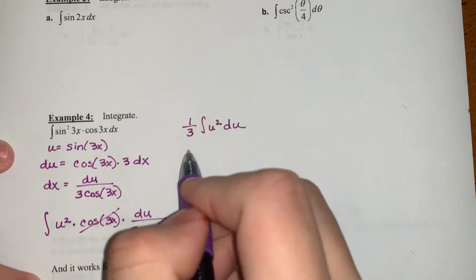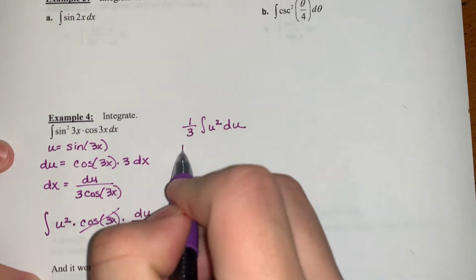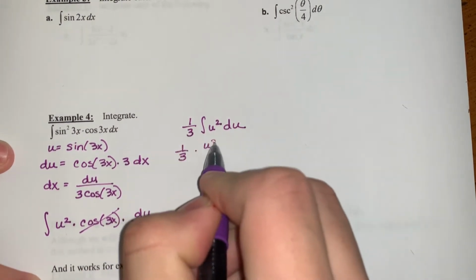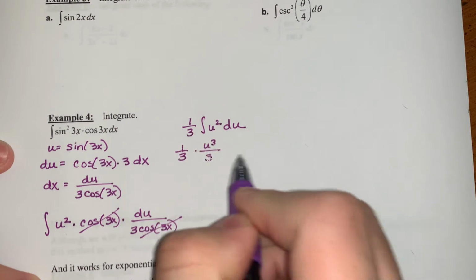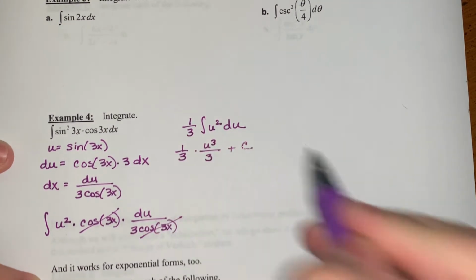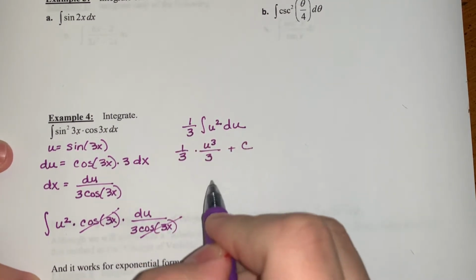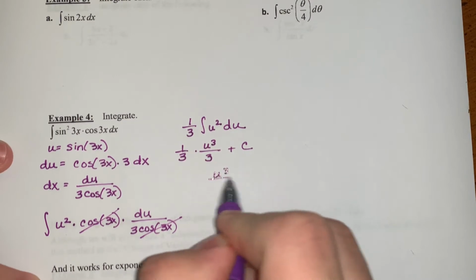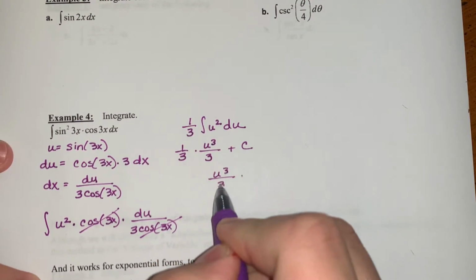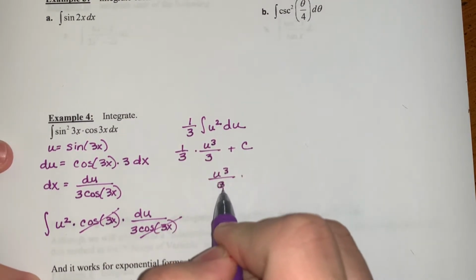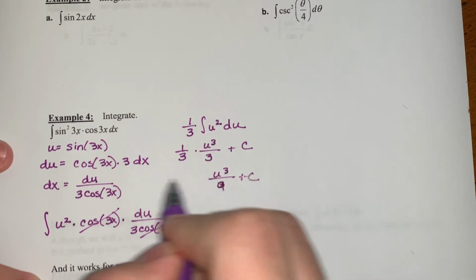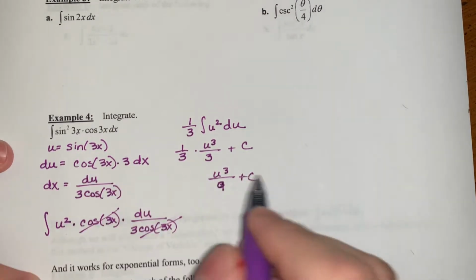So I'm going to take the integral of just that. That's going to be 1/3 times u cubed over 3 plus c. And then, of course, this turns into u cubed over 3 times 3, which is 9, plus c, and then we can substitute back our u into this.